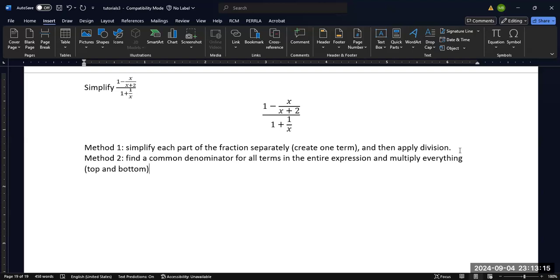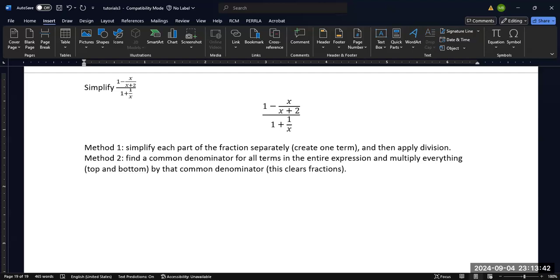Anything divided by itself is one. So we'll multiply the top and the bottom by the same common denominator. And what this will do is clear fractions. And so you're doing some of the simplifying sort of in position. So you don't ever actually get to converting this to a division problem.